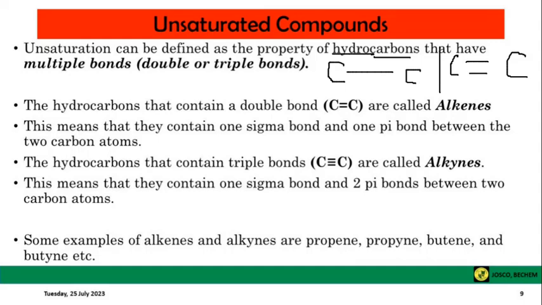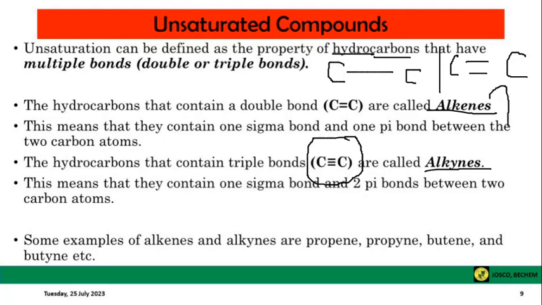Now, when a hydrocarbon contains a double bond, we refer to such hydrocarbons as alkenes. However, if there are three bonds connecting them, we call them alkynes.